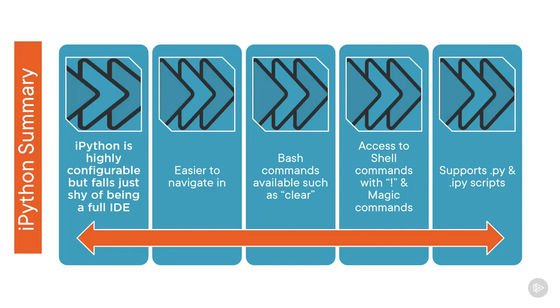It's easier to navigate in, right? So you can do things like use certain bash/shell commands, like clear. You also could run an ls with the exclamation mark in front of it, and you can access some additional shell commands, right? So it's a little bit easier to navigate in, and you can't do that with the standard Python interpreter.